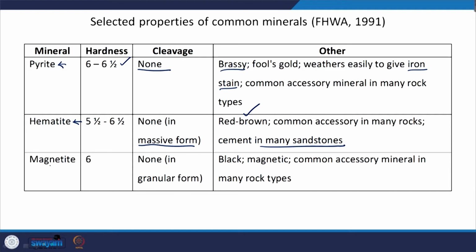Next one is magnetite. Again in granular form, it has no cleavage plane. This mineral has a hardness on the Mohs scale of 6. Color is black. It is magnetic, which is a very important property of this mineral, which identifies it from the rest of the other minerals. This is a common accessory mineral in many rock types.